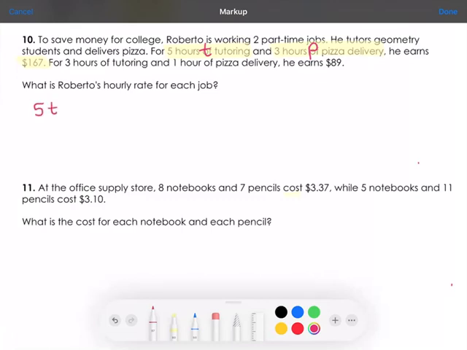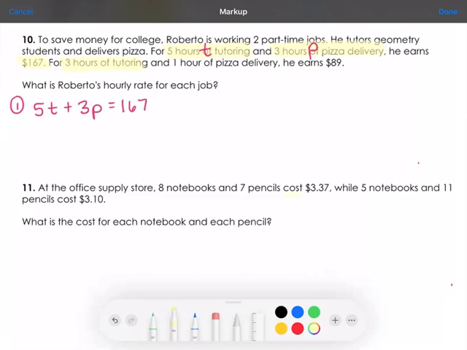Then 5T, 5 hours times T dollars, plus 3P, 3 hours times his hourly rate for the pizza, equals $167. So this is equation 1.